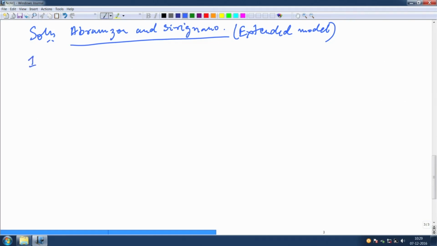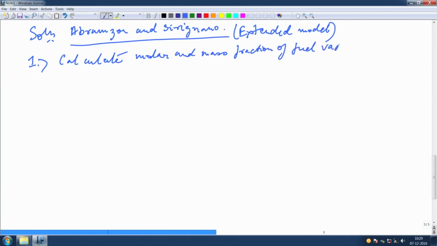The first step is to calculate, and this is solved numerically. I am just giving the algorithmic steps, from the gas phase perspective. Calculate the molar and the mass fraction of fuel vapor. So, XFS is PFS by P, and YFS, the mass fraction, is XFS into the molecular weight divided by the summation of Xi Wi.